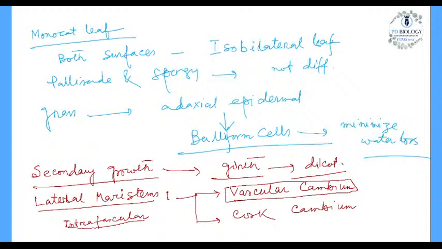The cells of the medullary rays adjoining the intrafascicular cambium become meristematic and form the interfascicular cambium. Is it clear?